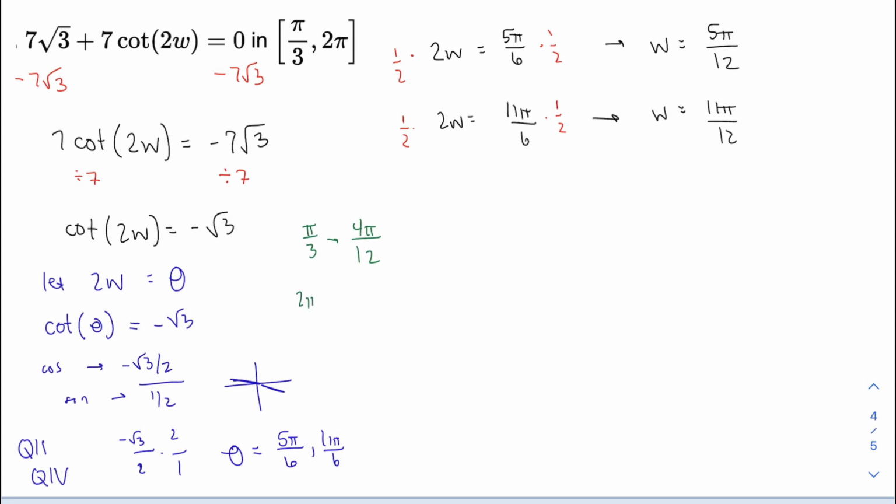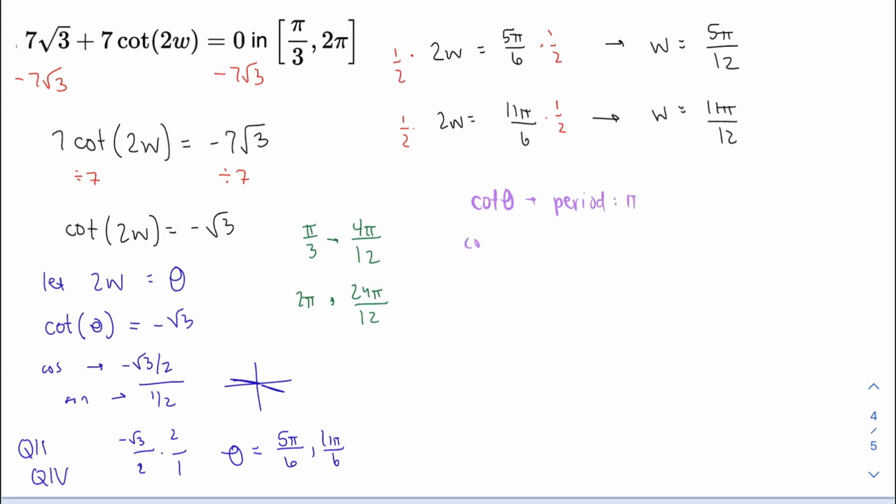And then 2 pi is going to be 24 pi over 12. So certainly I have some room to grow because 11 pi over 12 is much smaller than 24 pi over 12. Let's keep in mind that the normal period of cotangent of theta is pi.